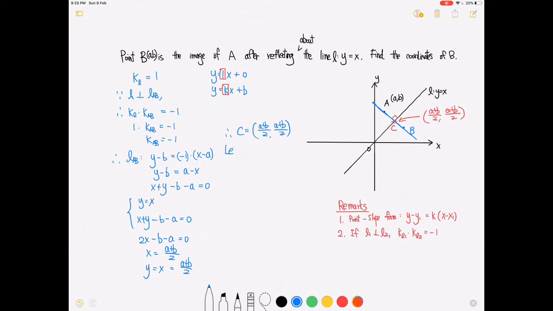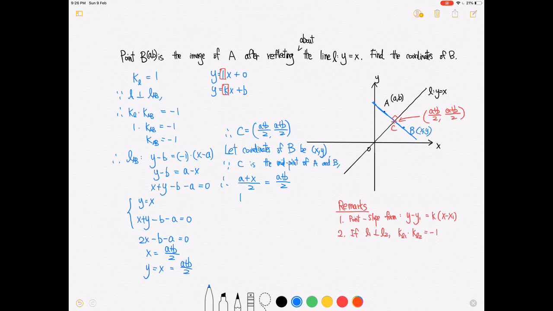Okay, let's see how we can do it. So first, let the coordinates of B be (x, y). Since C is the midpoint of A and B, therefore we have the x coordinate of A plus the x coordinate of B, over 2, is the x coordinate of C, (a plus b) over 2.